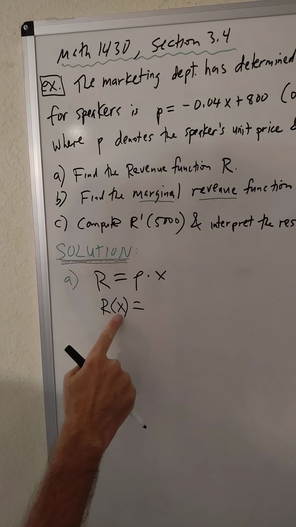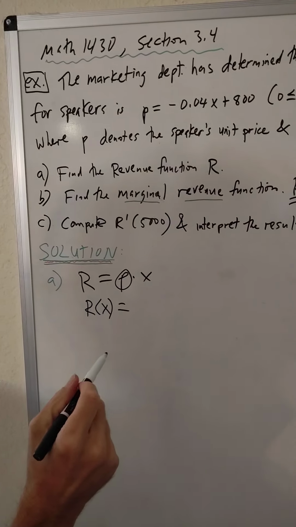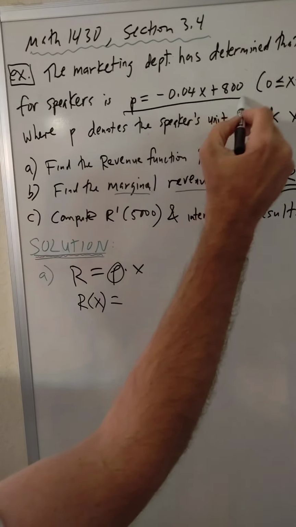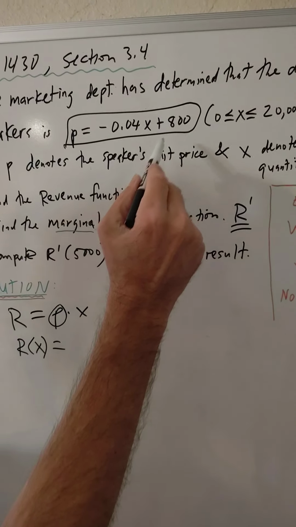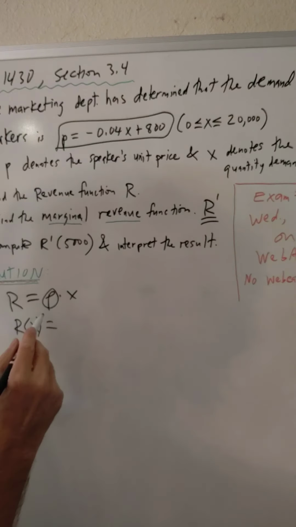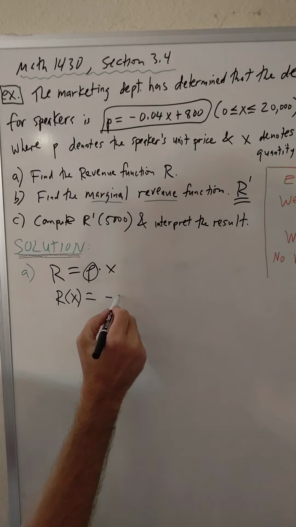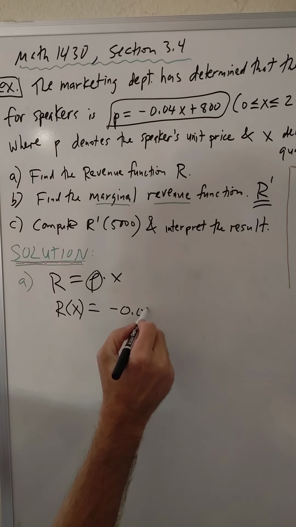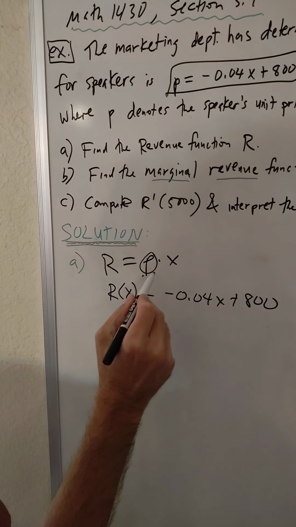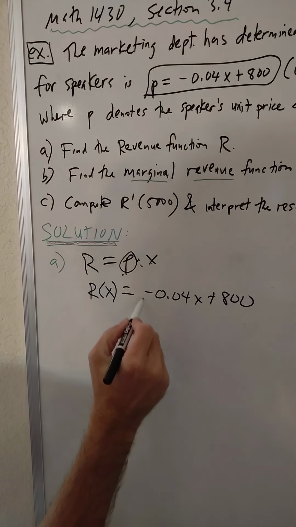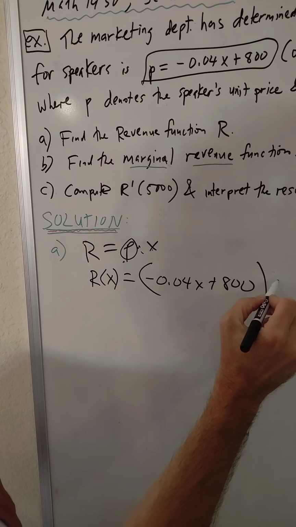If I want to get R as a function of x, I must replace this p. What's another name for little p? This expression of x. So now I'll get a function of x. In place of p, by substitution, let's write negative 0.04x plus 800. That takes care of this p. And then don't forget we have to write times x. It's all of this times the x.